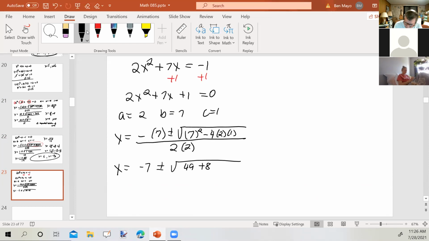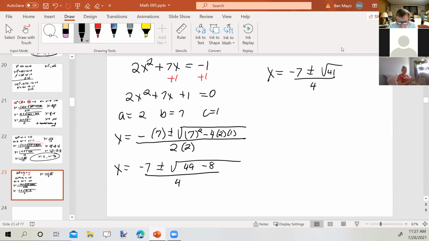Negative 4 times 2 is negative. Oh, it's not plus 8, is it? No. Negative 4 times 2 would be negative 8 times 1 is, oh, it's negative 8, all over 4. X equals negative 7 plus or minus the square root of 41, all over 4.